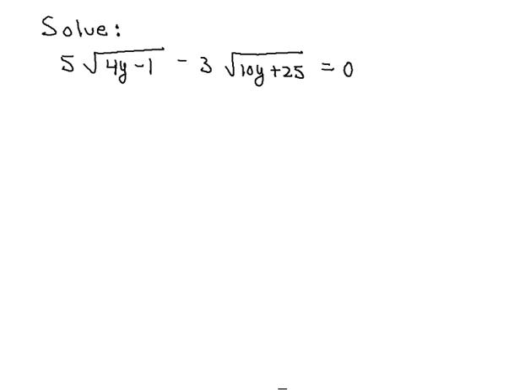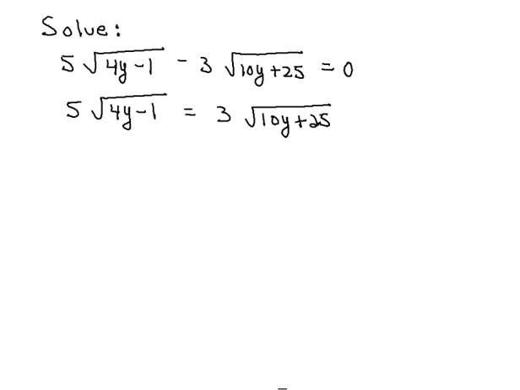Now as our first step, what we'd like to do is to isolate one of the radical terms. So I'm going to add 3 times the square root of 10y plus 25 to the other side. So we'll have next as our second step 5 times the square root of 4y minus 1 is equal then to 3 times the square root of 10y plus 25.